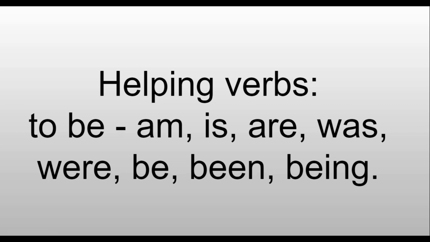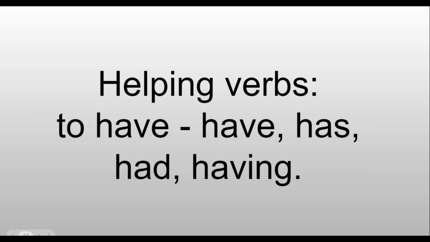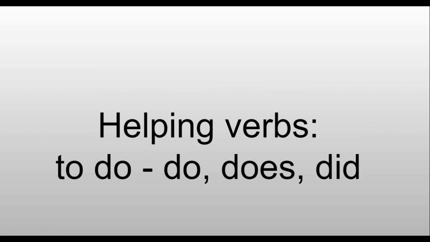So if you have a sentence like, I am happy, am is the helping verb. It doesn't really seem like an action, but it's a verb, so we call it a helping verb. Okay, the to have helping verbs, we have, has, had, and having. And then the to do helping verbs are do, does, and did.